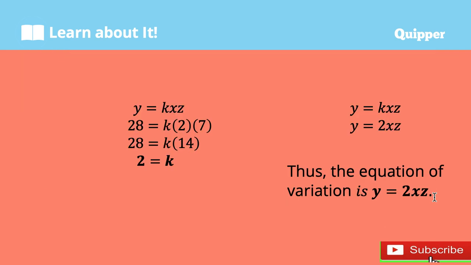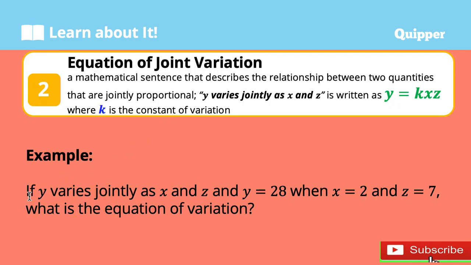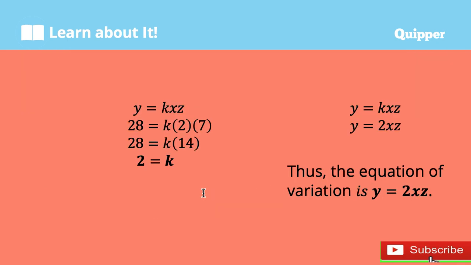To find the equation of the variation, we are going to transform first the variation statement into a mathematical sentence. We have y is equal to kxz. That is, from the previous, if y varies jointly as x and z, that's the statement, so this is the mathematical translation.